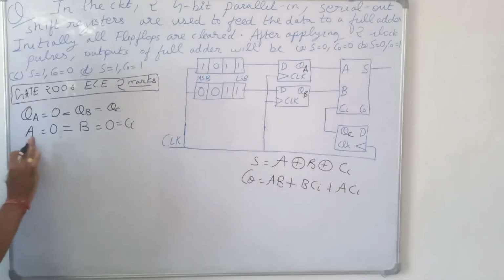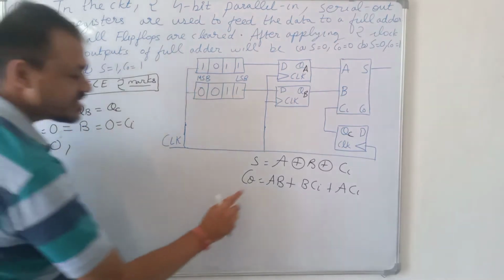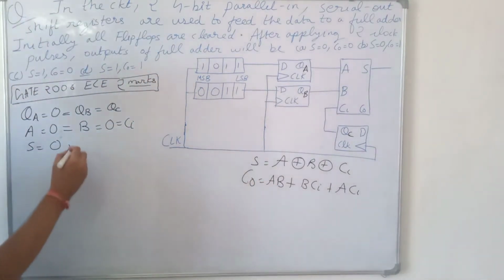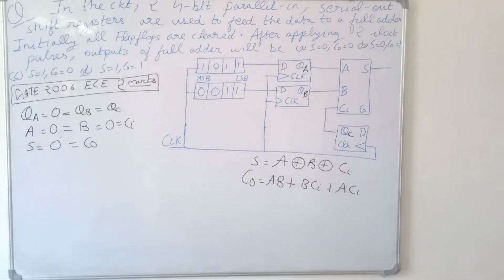So the sum will be equal to 0 XOR 0 XOR 0, which is 0, and the carry out C0 will also be equal to 0. So initially all these values are 0.